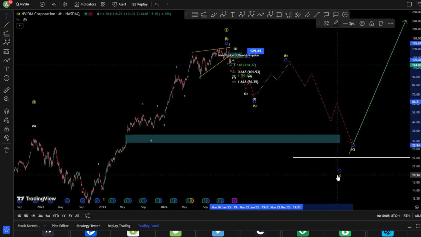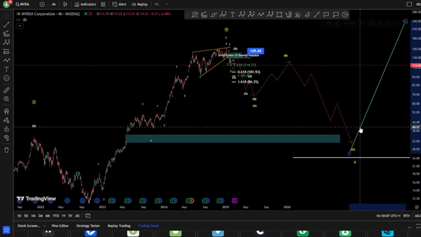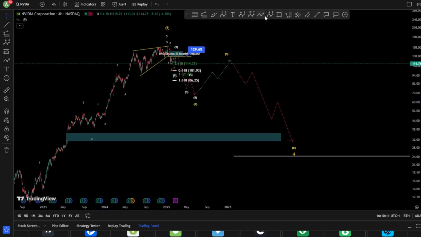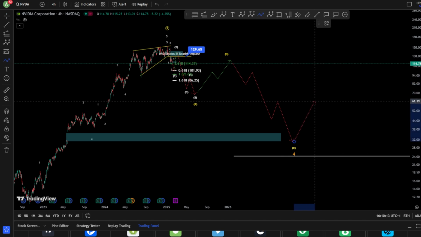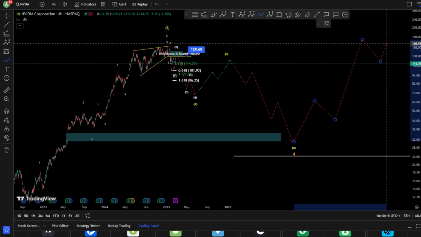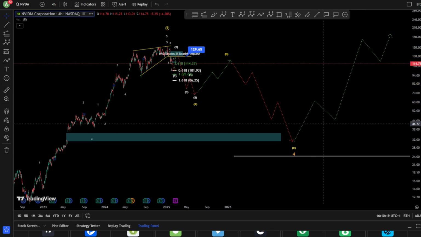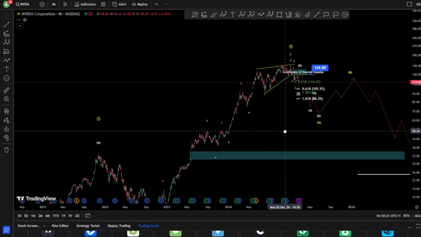Here we go. This is gonna be in red actually. Finishing a wave 4 in the orange scenario, and then start probably our wave 5 for higher prices, which as expected, of course, on the weekly, we want to take the all-time high again. So yeah, these are the insights, guys, for Nvidia.